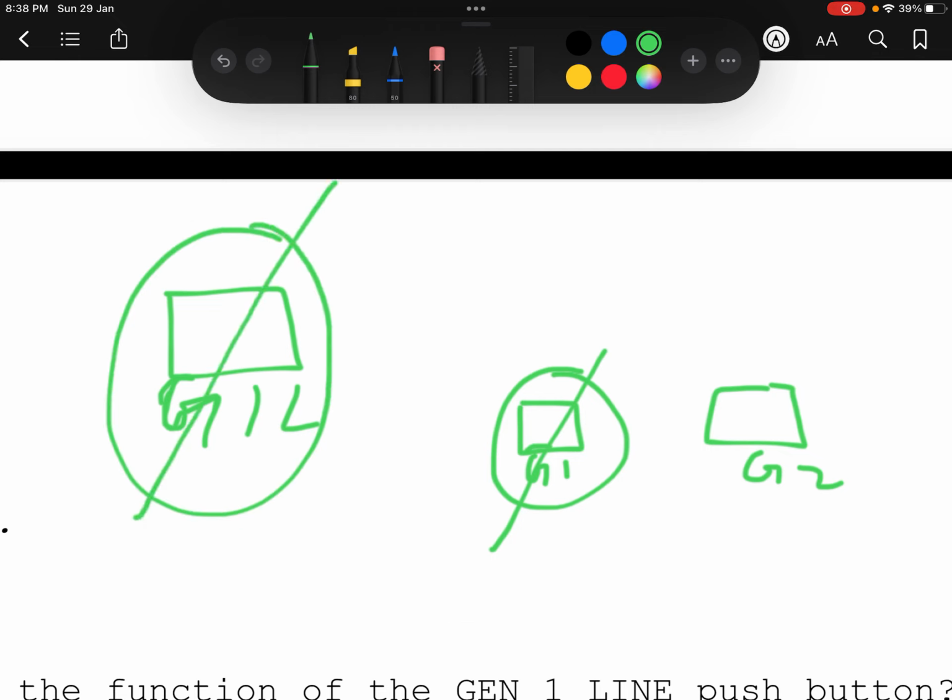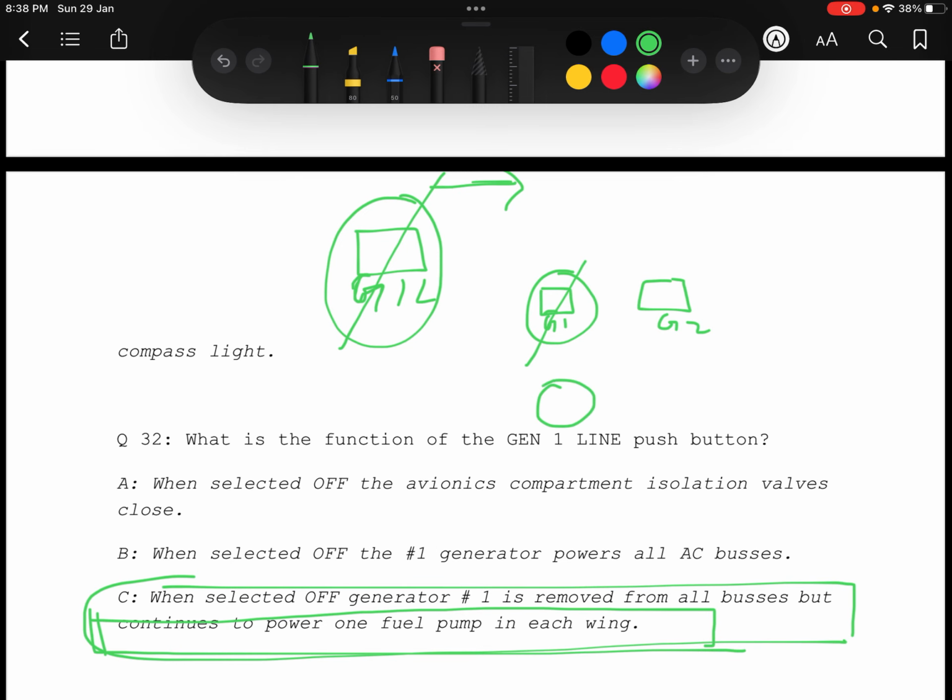This generator 1 line disconnects every other load, but gives the supply to the fuel pumps, one fuel pump on each side, right? So at least the aircraft is getting fuel. Are you getting it? There are so many uses of these generators, not only generating power, but giving supplies to so many other things.